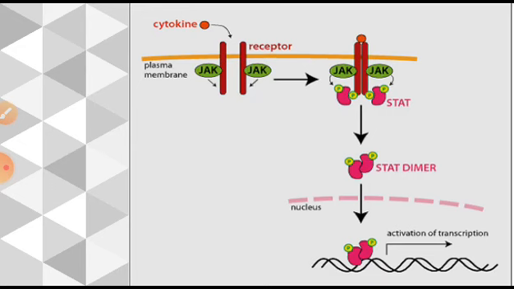So in this type of receptor, the difference from what you have seen before is that here two different proteins are activated which were not there in the previous one. Here one JAK activates, and after the activation of JAK it activates STAT, and then these STAT dimerize and act on the DNA.